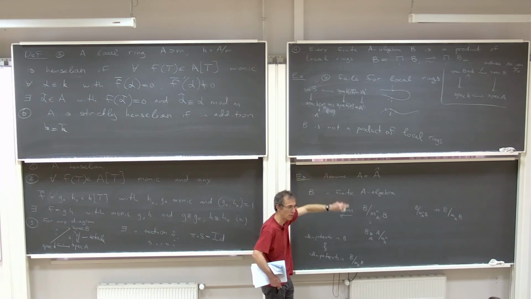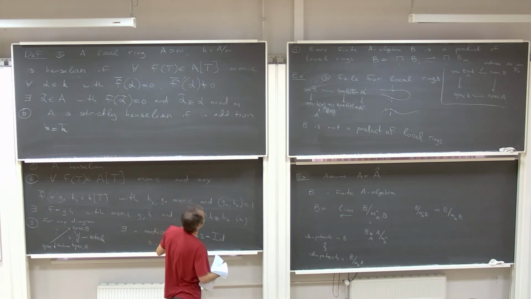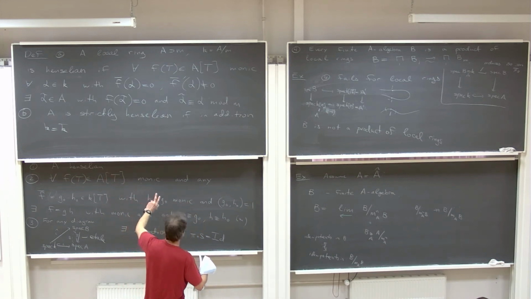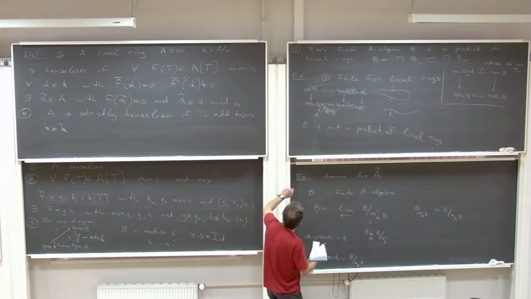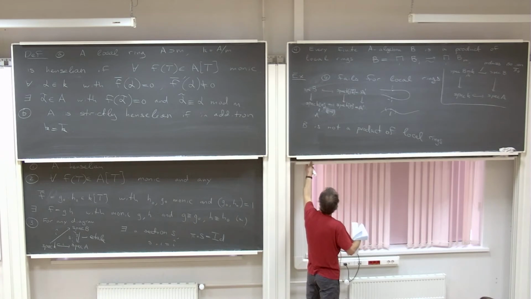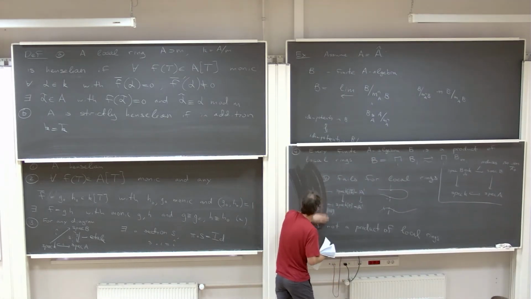So you have more Henselian rings. Okay, so before I go to the proof, I want to keep this on the blackboard. So I need to erase probably this. I will give one more definition.